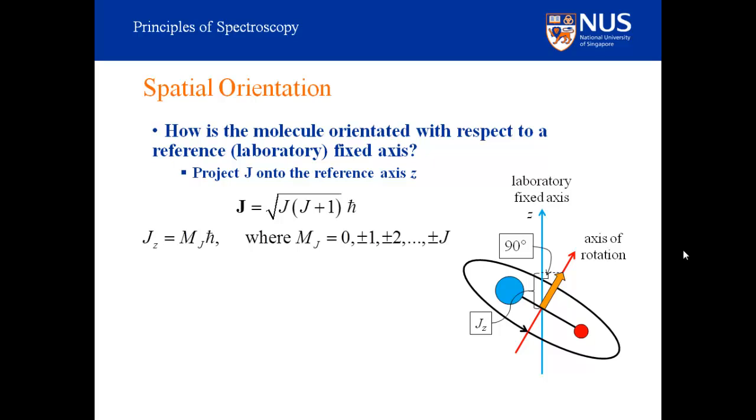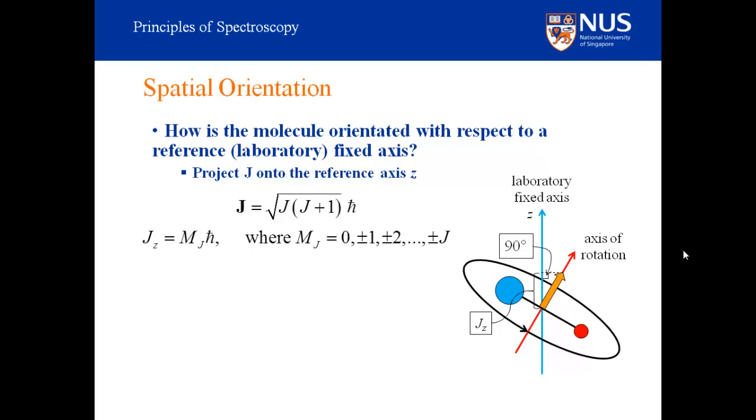So what that tells me is that my vector can never be perfectly aligned along the z-axis, because the magnitude of my j vector is the square root of j into j plus 1 times h bar, and my jz can only have an absolute magnitude of j h bar, whereas j can have a magnitude of the square root of j into j plus 1 times h bar, so it is always slightly larger. The value of jz is quantized.